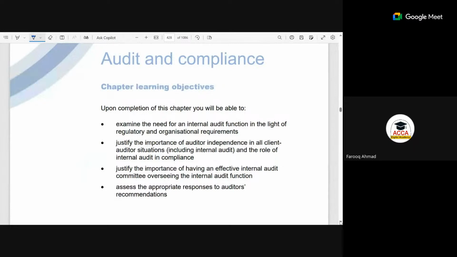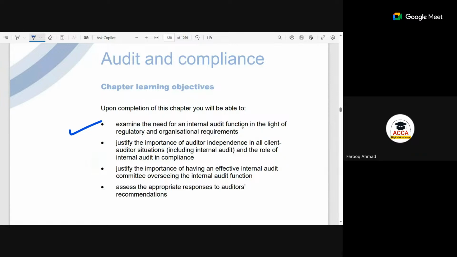We have gone through audit and compliance related points, but here our main focus will be the internal audit point of view, because internal audit is also an important part in international concerns, and many organizations follow this rule as well. Let's move on.